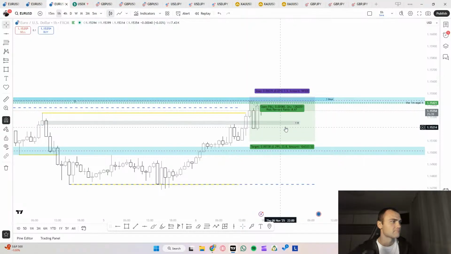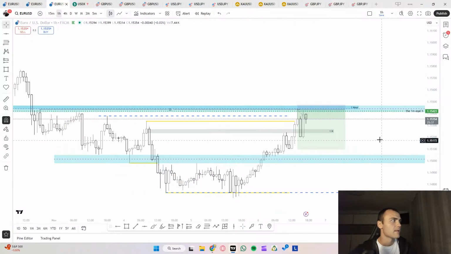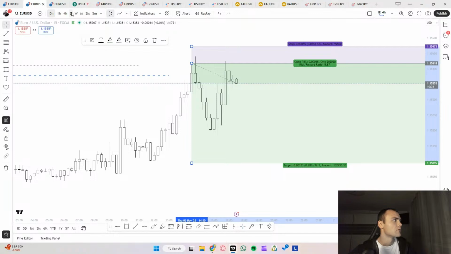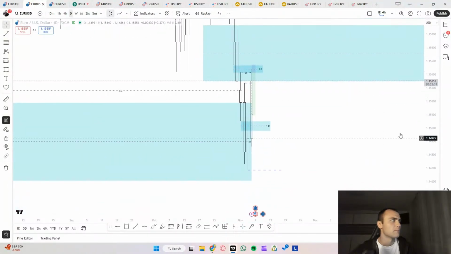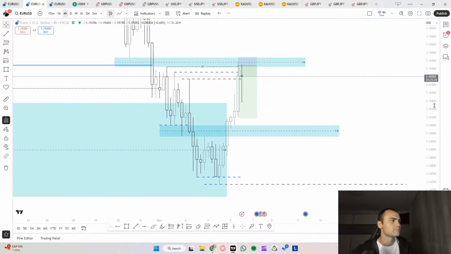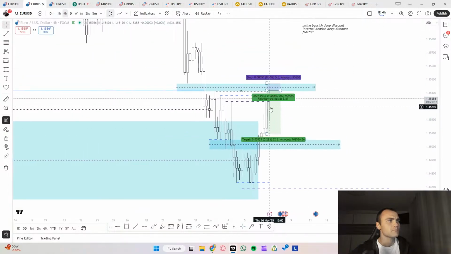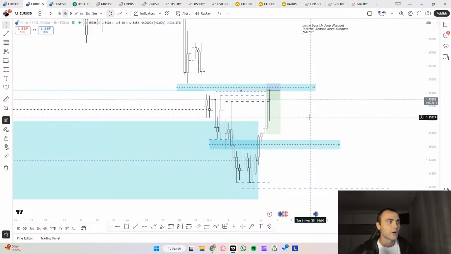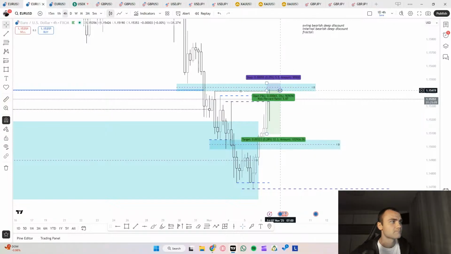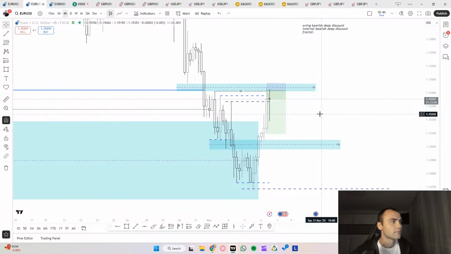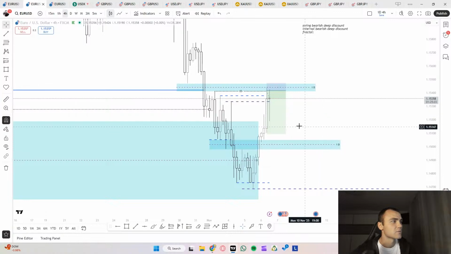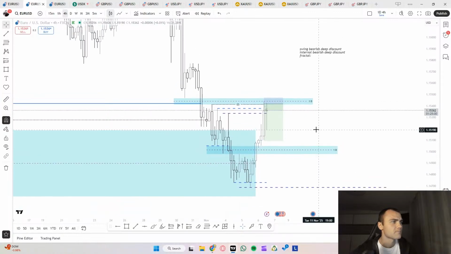It's possible that it comes on 4 hour down here in the imbalance, runs some liquidity below those lows, then fills the imbalance and continues. But it's also possible that it goes right away. Now I have only 20% of the initial trade open, and yes, this was basically the idea of the trade.